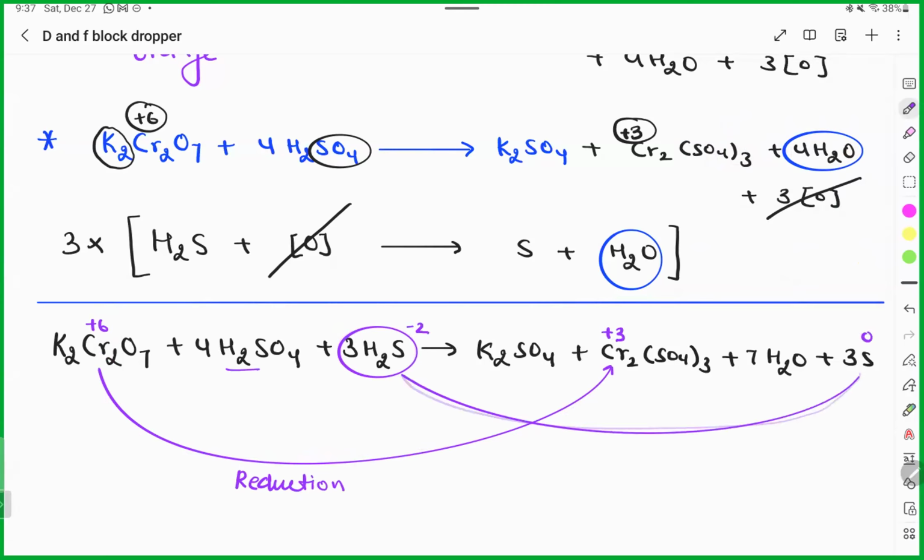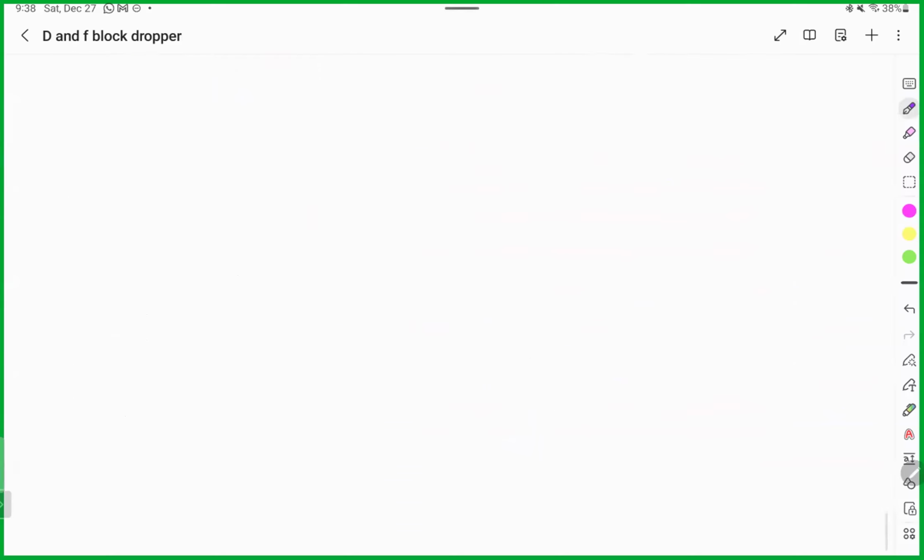So this is oxidation. Any doubt? Any doubt, guys? Does it look more logical? If yes, sir, it does, I'll give you one more example and then I'll give you a last question one by one.